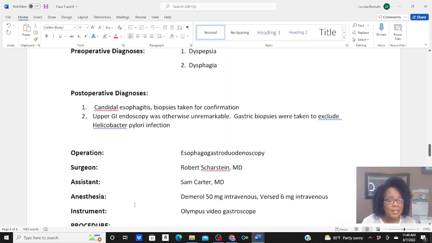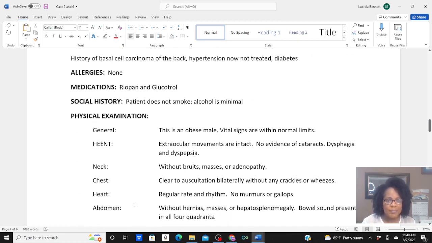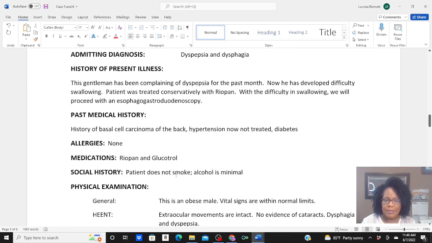So hopefully you guys pick these up as well. Here it is. History of basal cell carcinoma. If you coded the history of Z85.828 for that, that really has no bearing on this admission. That's why I didn't add it in my diagnoses codes. The history of basal cell carcinoma, no bearing.